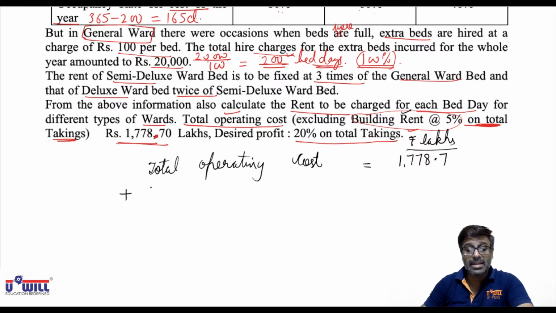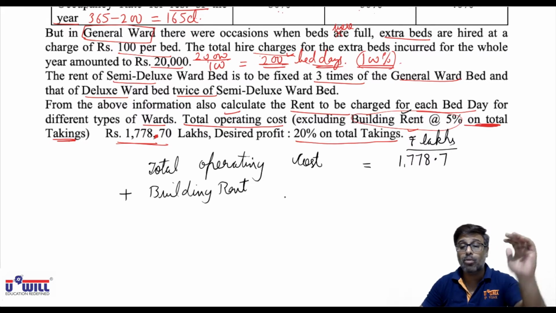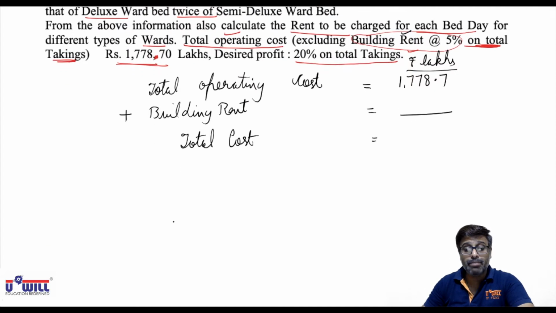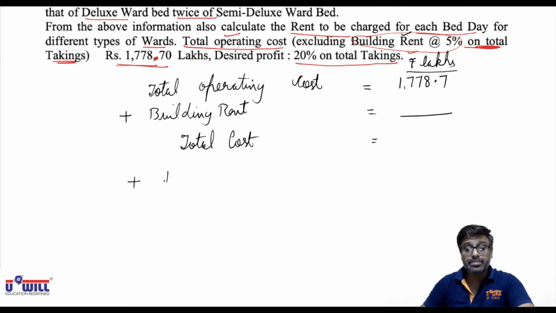So we will add the building rent, which we have to go reverse and find like we used to do for overheads in the hotels chapter. So we keep this pending and we would get the final total cost. In that we have to add profit and then we would get the takings.